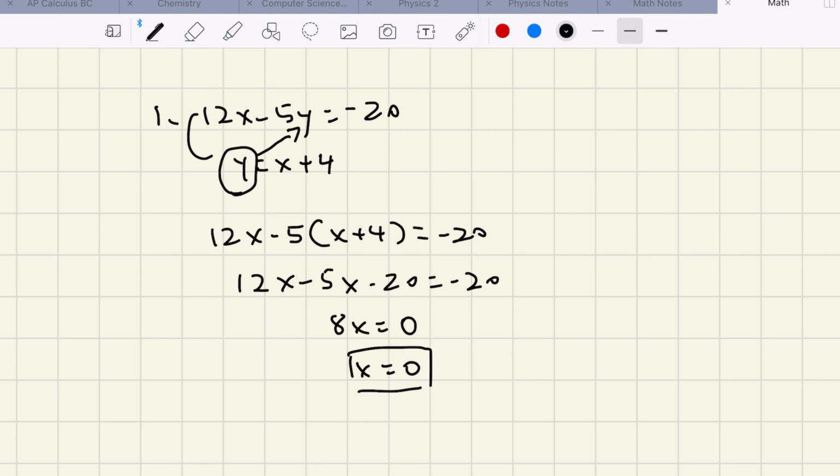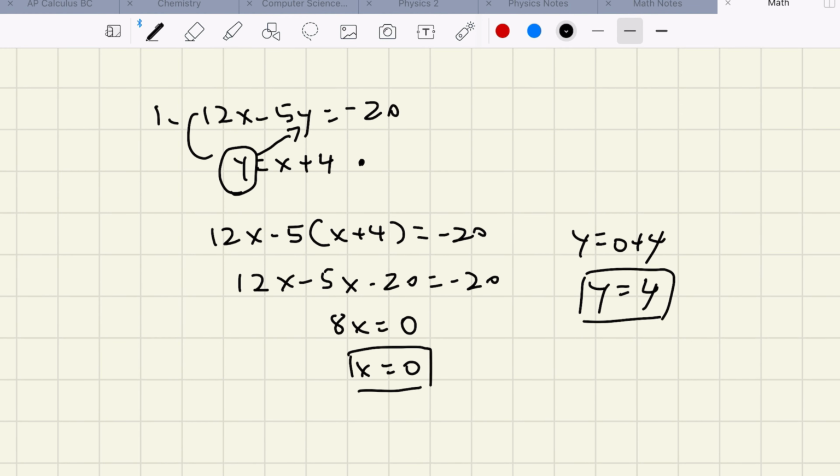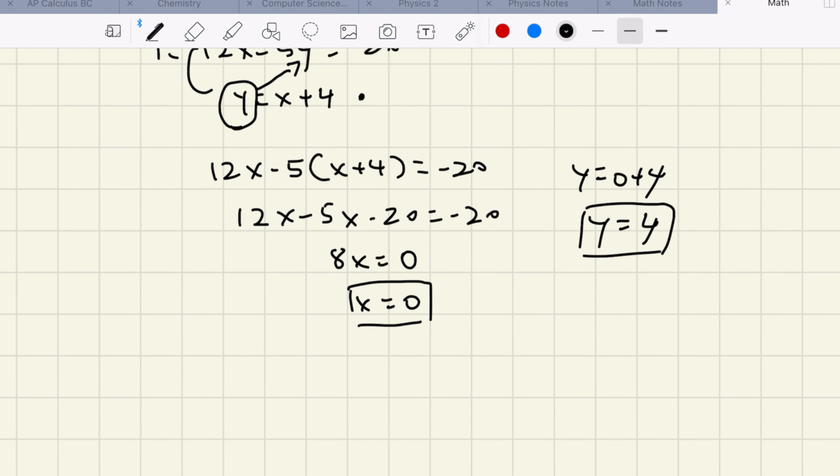It seems that the second equation is easier, so we plug that in. y equals 0 plus 4, and y equals 4. So the answer to this system of equations is x equals 0, y equals 4. And you can plug that in to check if your answer is correct.